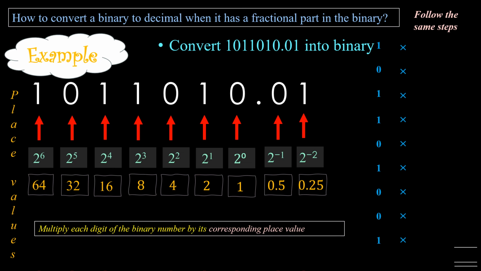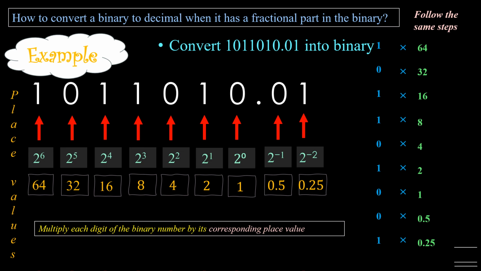Okay, for an example, we get this to do, and as we did in the previous sum, you have to write the binary digits of the number like this, and then multiply each number by its corresponding place values like this: 64, then 32, 16, 8, 4, 2, 1, 0.5, and 0.25.